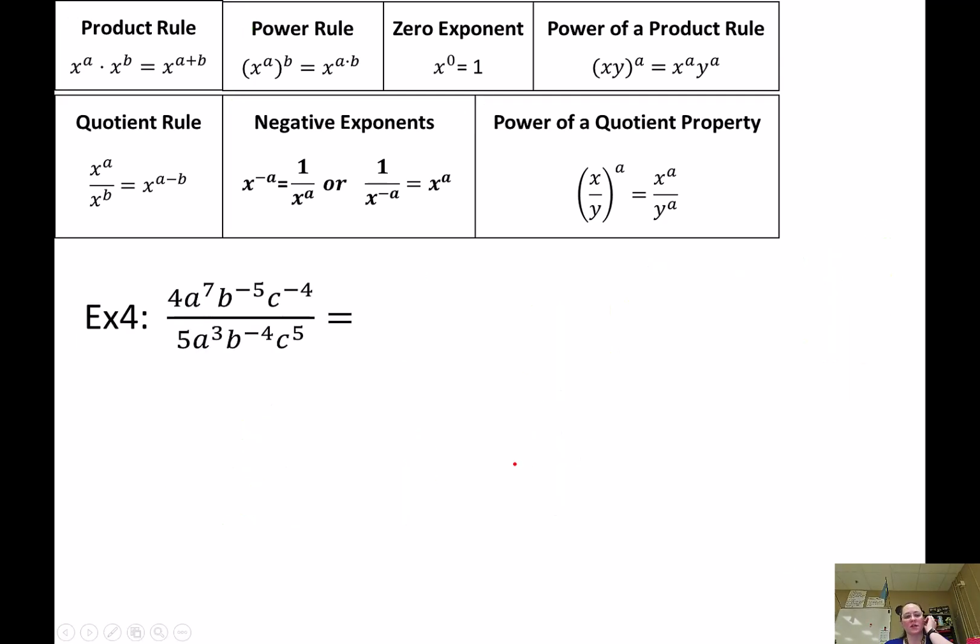Okay, we're going to look at 2 more examples here. So from here, I'm going to basically look at each individual part. I know I've got a couple negatives that I need to take care of first. So first thing I want to look at is my negatives, and I'm going to flip them places. So both b's in the top and bottom have a negative. So those are going to flip places.